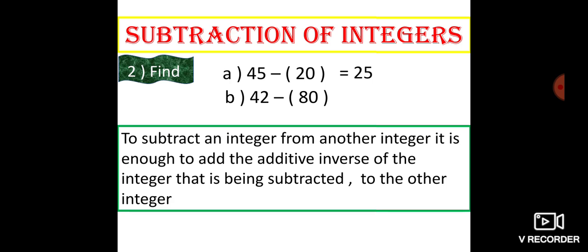After changing subtraction into addition, we use the additive inverse of the next number. The first number stays as it is. This is a subtraction sign, not a negative sign.